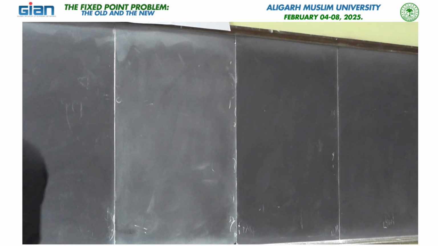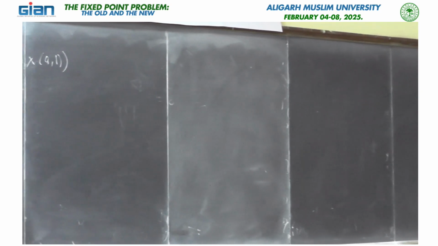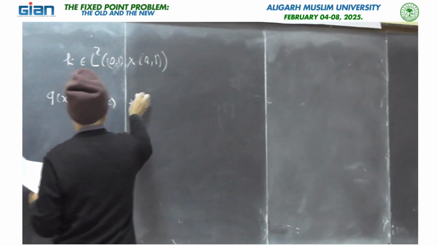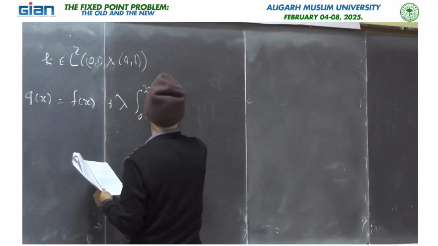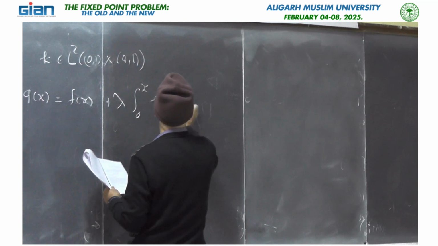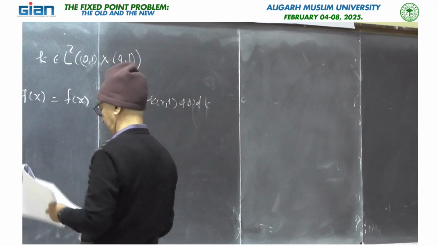So here we need certain notations. Our equation is phi of x equal to f of x plus lambda integral from 0 to x of k(x,t) phi(t) dt, and this k is in L2.